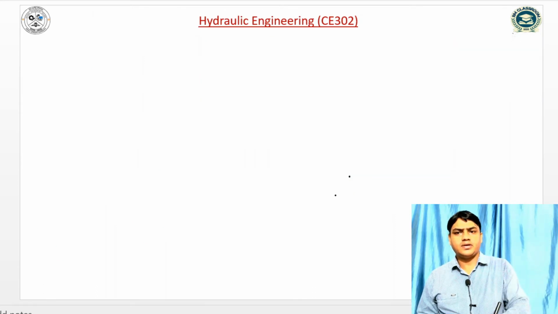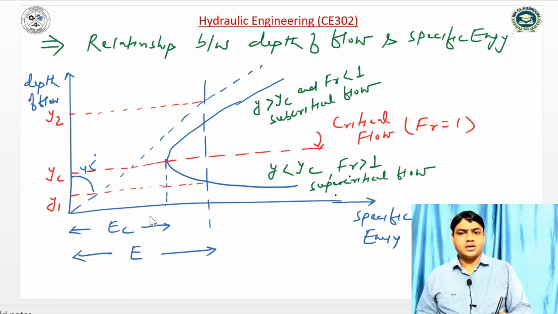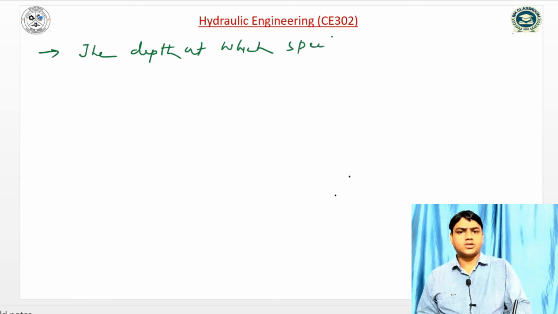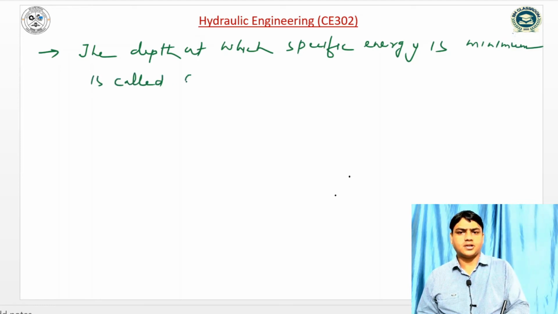Similarly, the third conclusion is that the depth at which our specific energy is minimum is called critical depth.